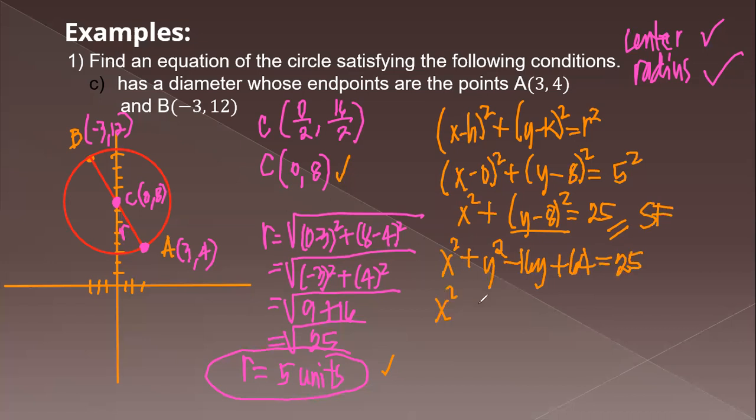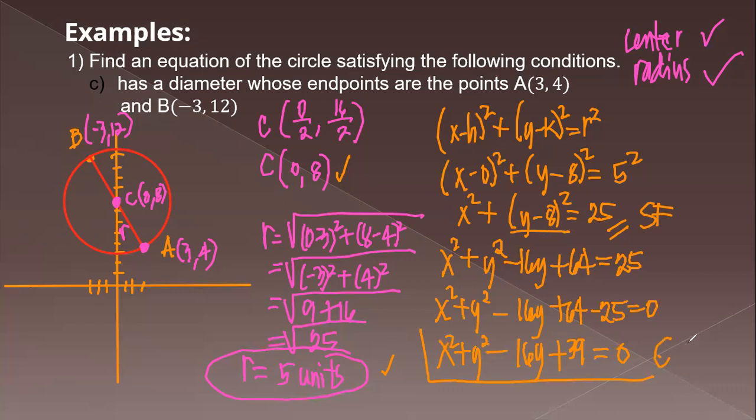We have x squared plus y squared minus 16y plus 64 minus 25 equals 0. So we have x squared plus y squared minus 16y, 64 minus 25 is positive 39, equal to 0. So this is now our general form.